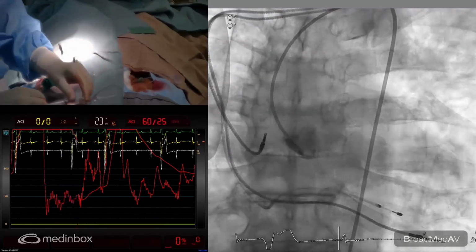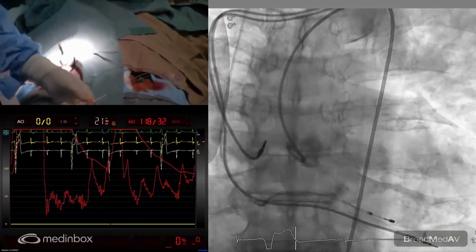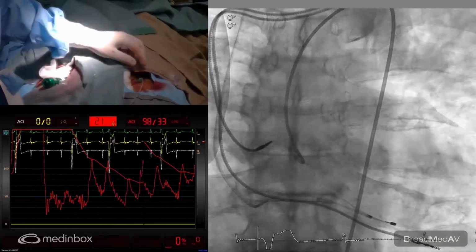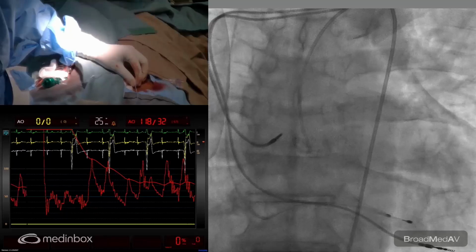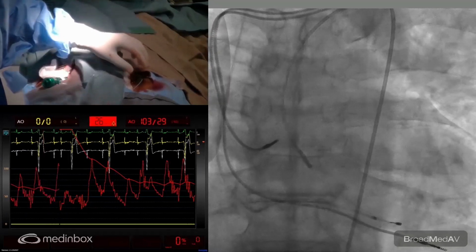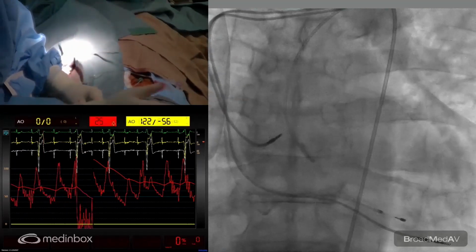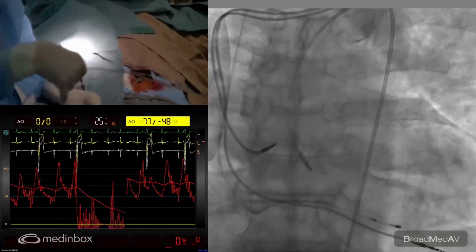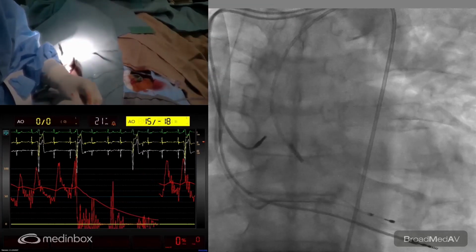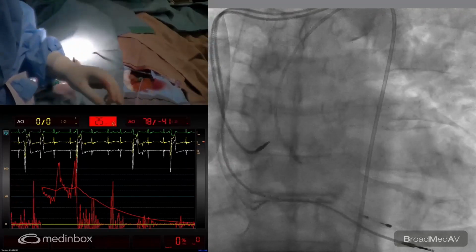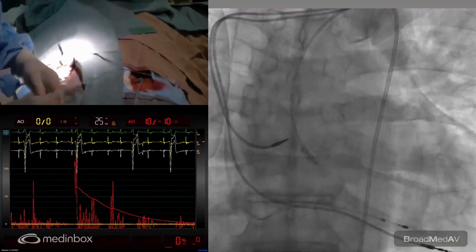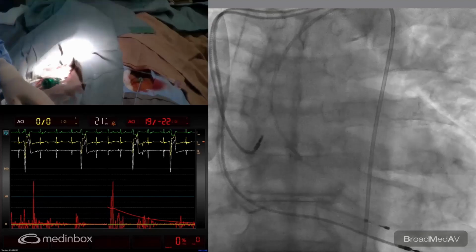Okay, so let's take a good shot with the dye. So we have some calcium, which could help us also, apart from the pigtail, to know where to keep the valve.